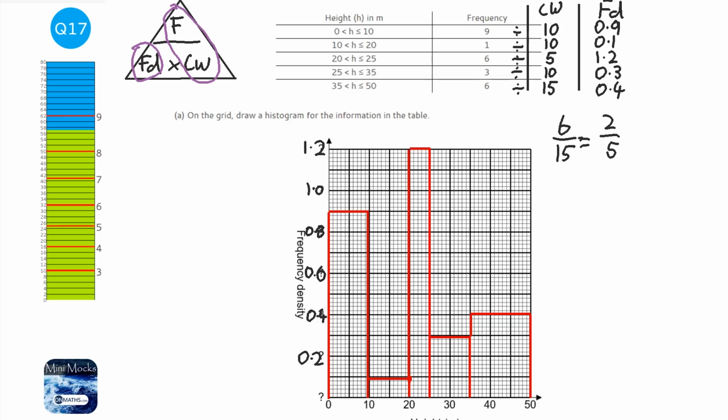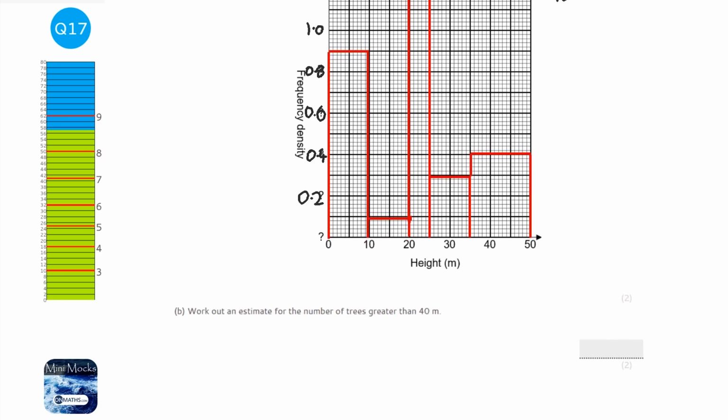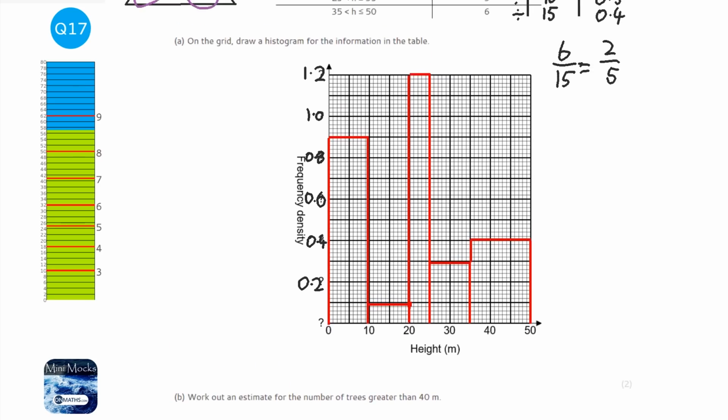Excellent. Okay, so the next question says work out an estimate for the number of trees greater than 40 meters. So I want to draw a line up from 40, and we want it to go across here. So we're looking for an estimate for the amount that are in here.